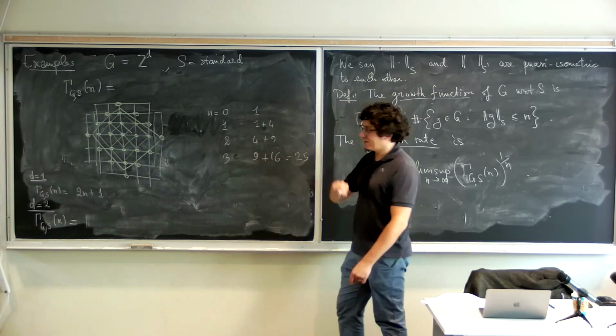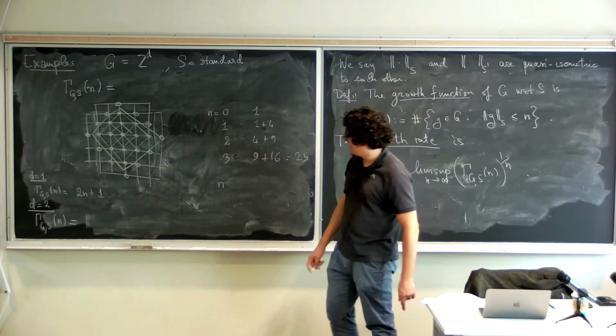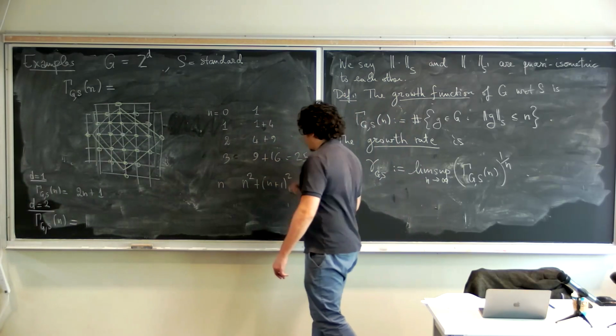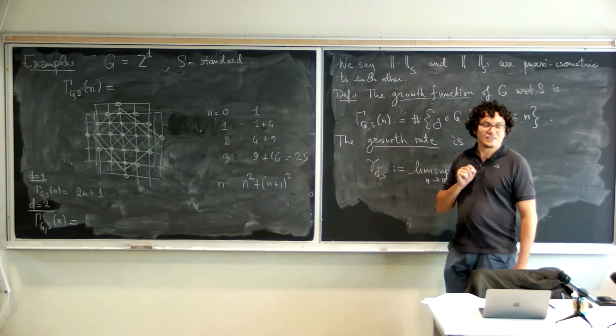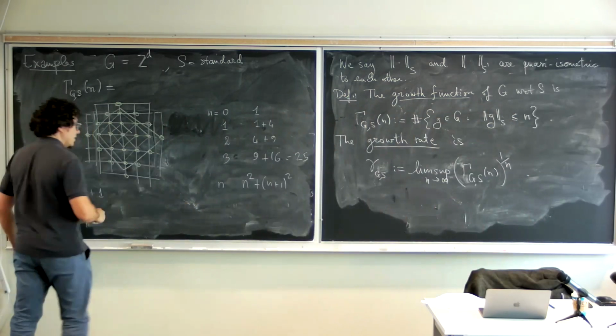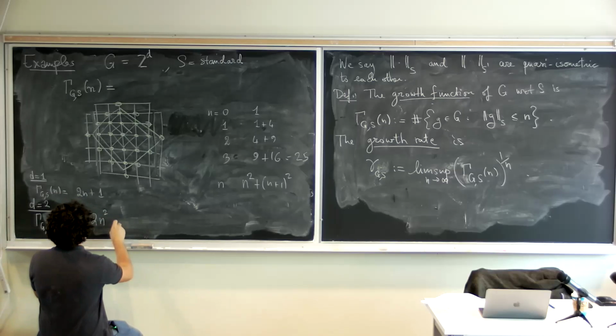So for n, it is n squared plus (n plus 1) squared, I think. So for d equals 2, this is 2n squared plus 2n plus 1.